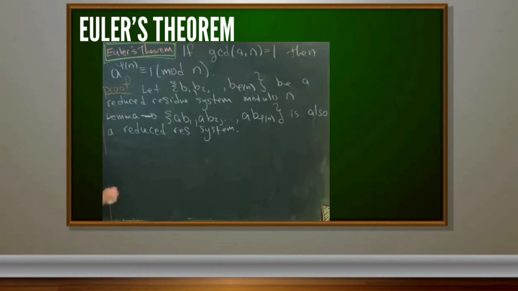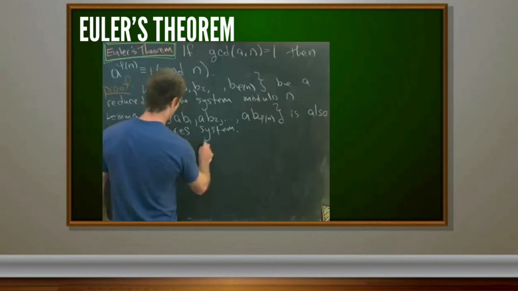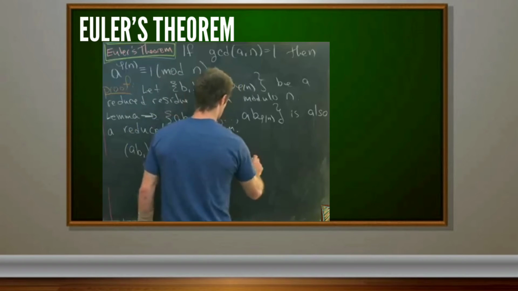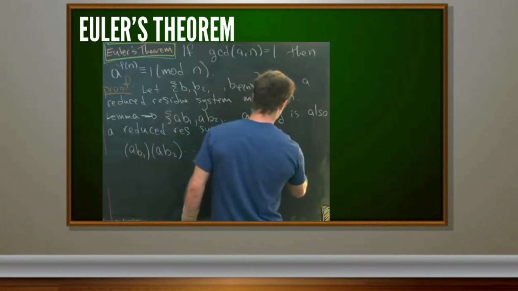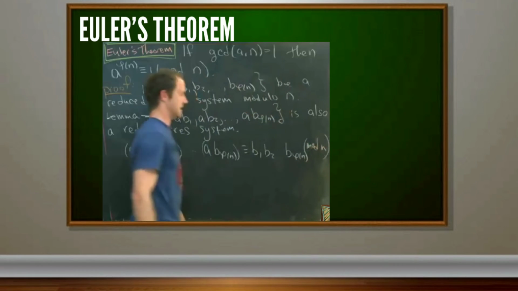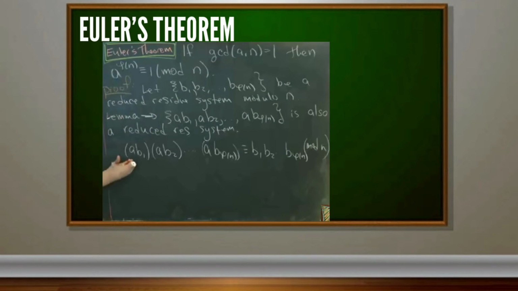So what does that tell us? That tells us that a b1 times a b2 all the way up to a b phi n is congruent to b1, b2 all the way up to b phi n, and that's occurring modulo n. And why is that? Well, that's because we're multiplying all possible residues modulo n just two different ways.